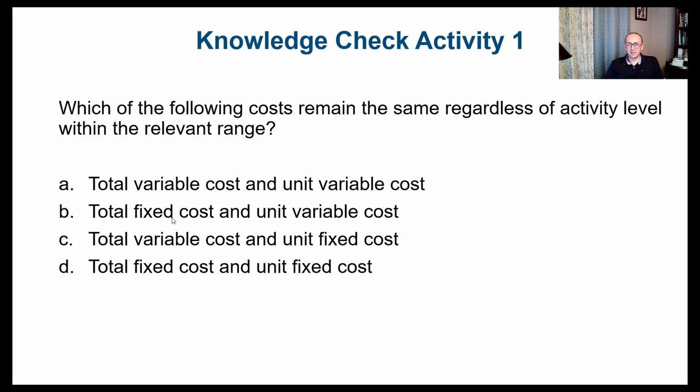I think the thing that stays the same is the total fixed cost, so it has to be either B or D. And what is the other thing that stays the same regardless of the activity level? The total variable cost, the unit variable cost, or the unit fixed cost? I think unit variable cost, and I always remember this $10. The $10 is always fixed. So the right answer would be B, total fixed cost and unit variable cost.